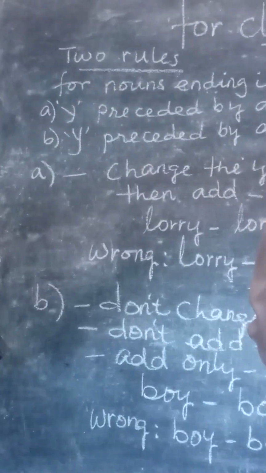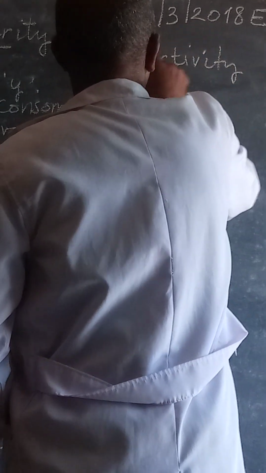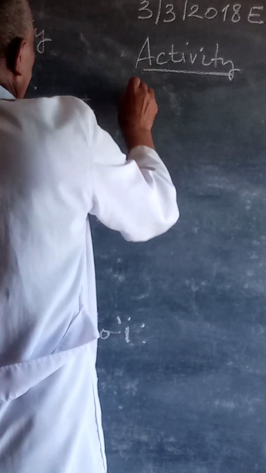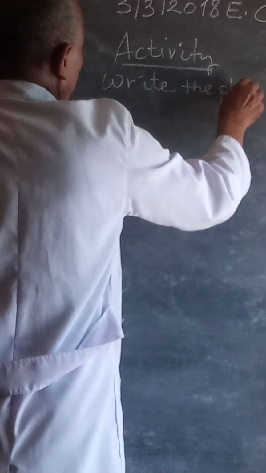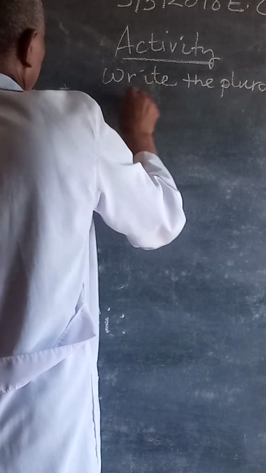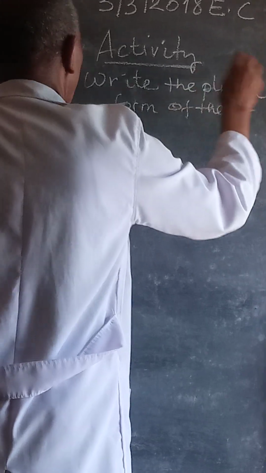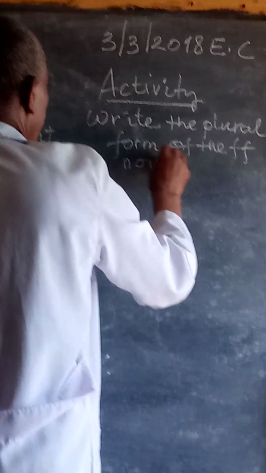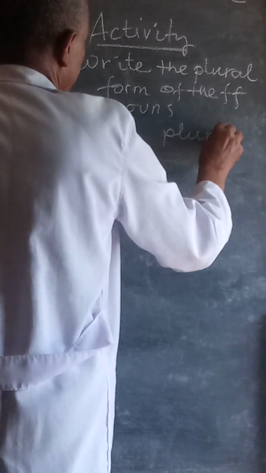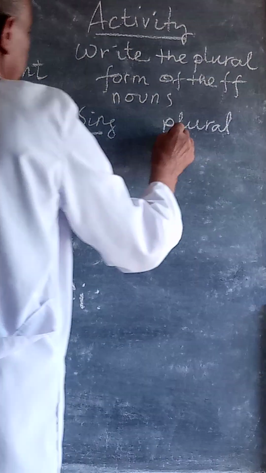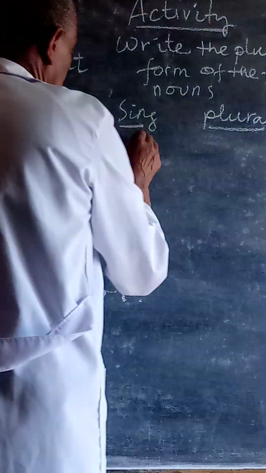Let me give you an activity. According to this rule, write the plural form of the following nouns. Singular, plural. Number one, city.